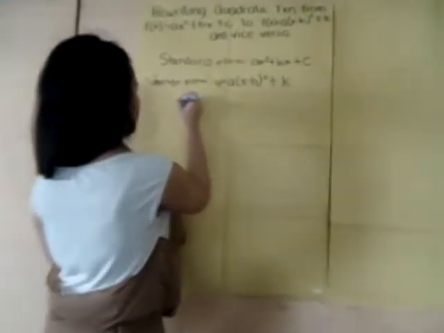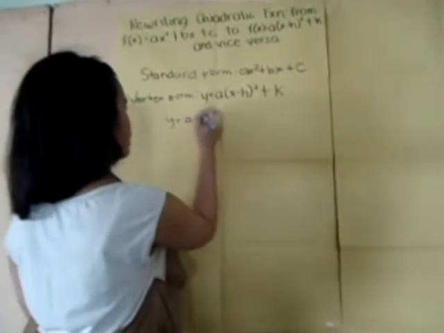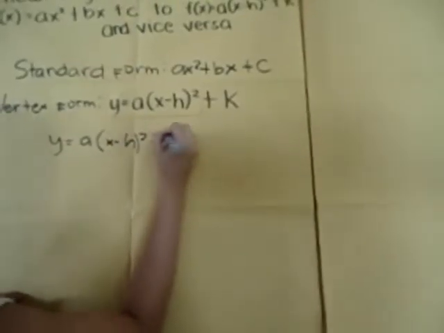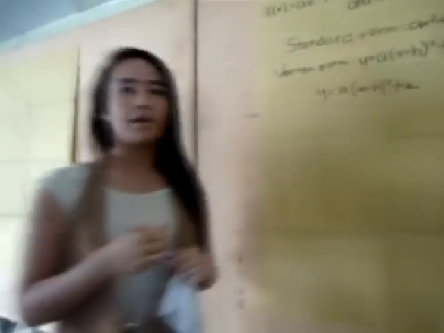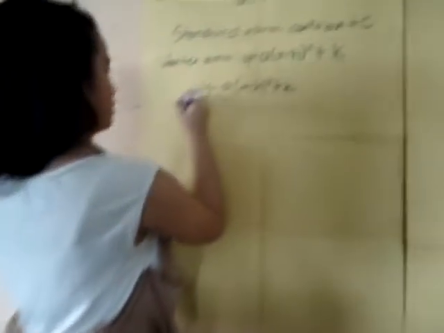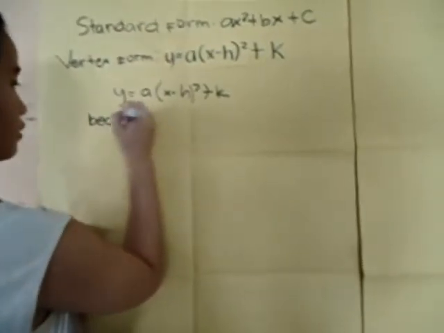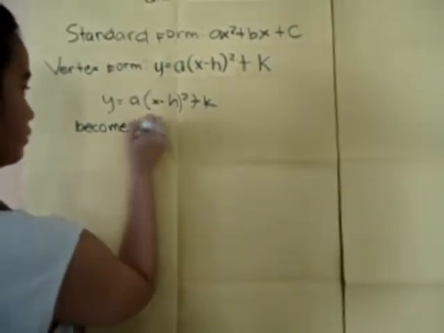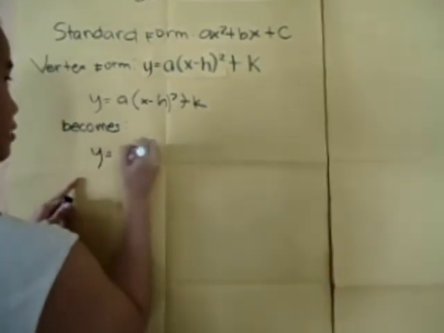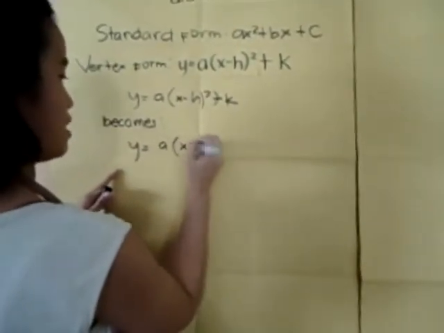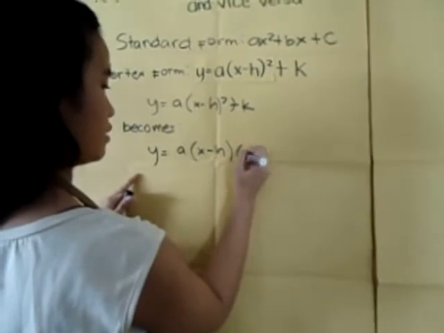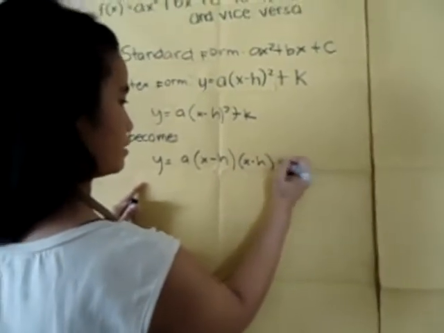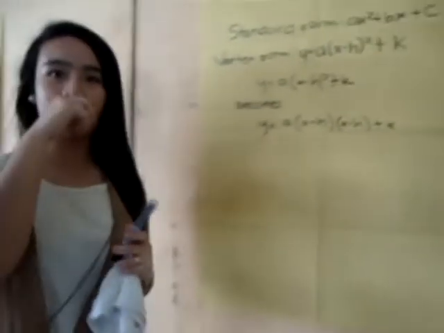The vertex form is y equals a times x minus h squared plus k. It will become y equals a times x minus h times x minus h plus k.